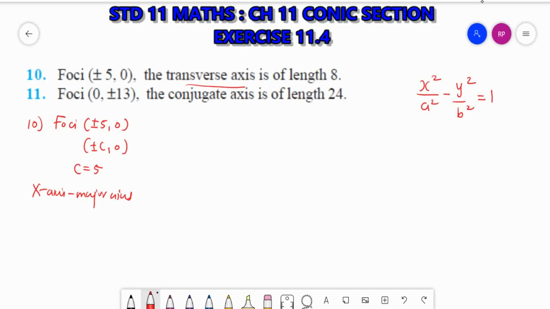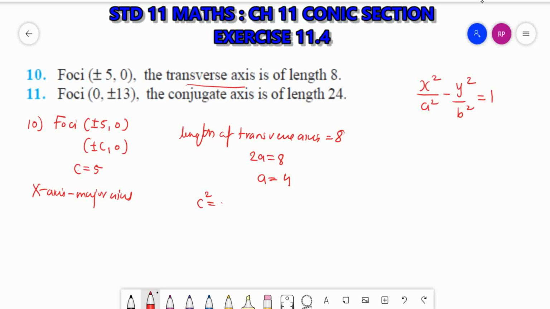Okay, so now see, the length of transverse axis, which means major axis, is given to be 8. So 2a is equal to 8, because length of transverse axis is 2a. If it was conjugate axis, it would be 2b. Because x-axis is major axis, a is equal to 4. I got the value of a.